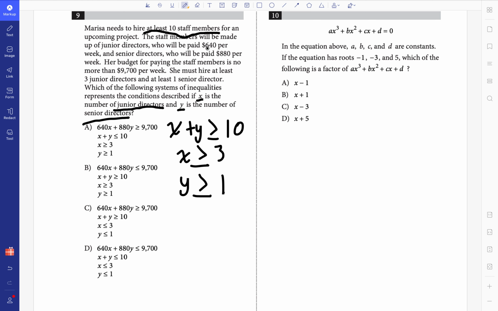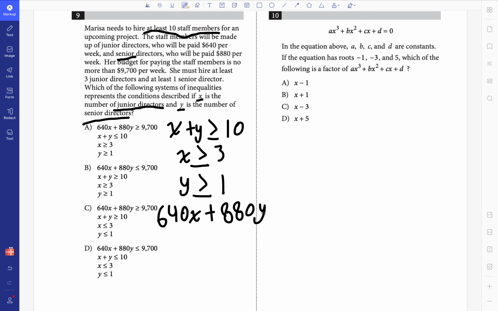And then we know that $640 are paid per week for the junior directors, and junior directors are represented by the variable x, so 640x plus 880 per week for who? The senior directors.